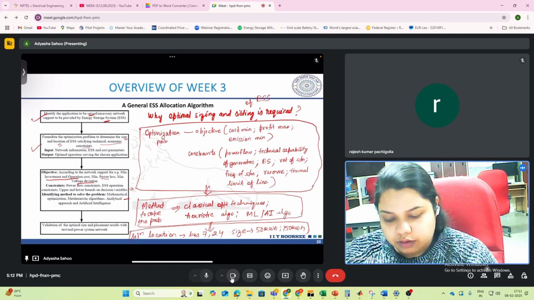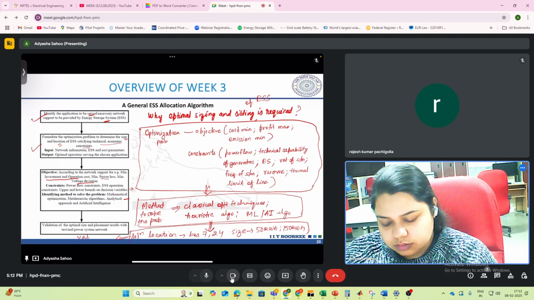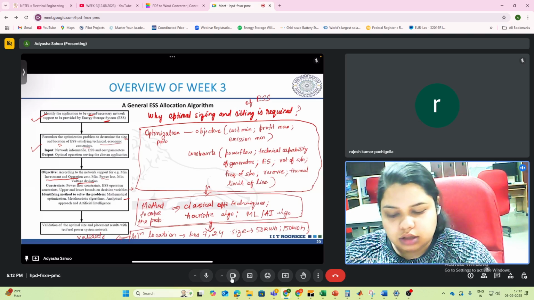solution. After you get the solution, you again validate the solution and test it on the network. Means now what you will do, using some simulation studies, you will connect a 50 kilowatt hour battery at bus 7, connect a 150 kilowatt hour battery at bus 24, and then you see how the system is reacting, whether the stability is there in the system or any other issues are arising.